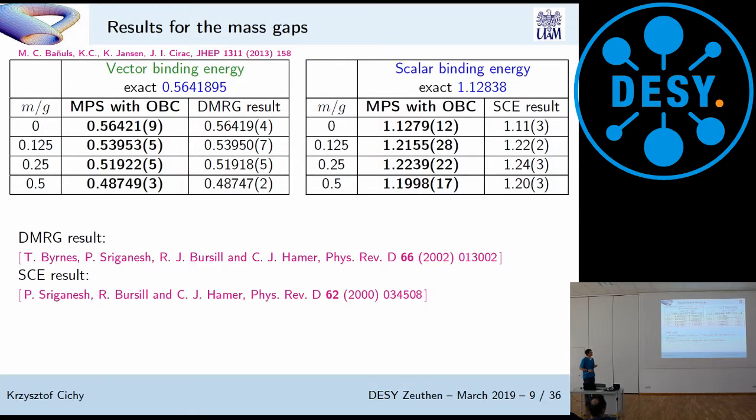And in the end, we got some numbers for the vector mass gap and for the scalar mass gap. The vector case was actually done before in the language of DMRG, and you see that these results are compatible. For the scalar case, this is a comparison with an older strong coupling expansion result, which was not very precise.